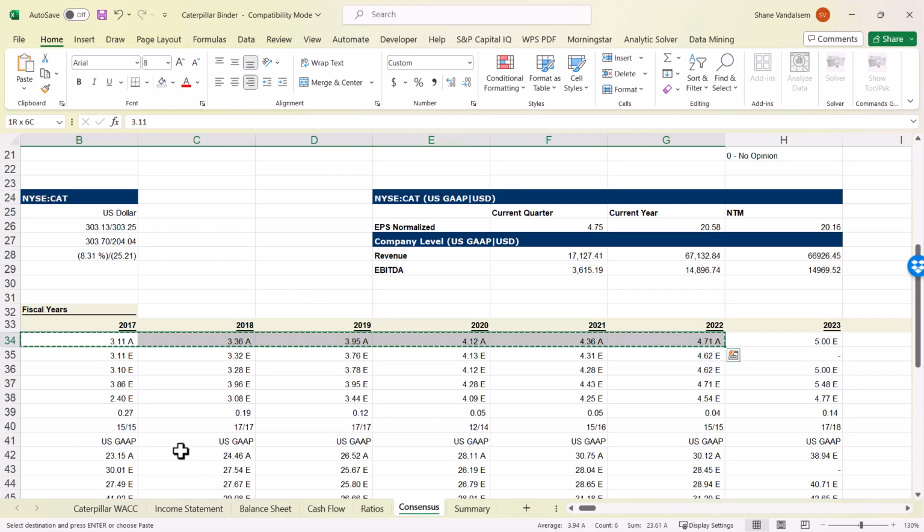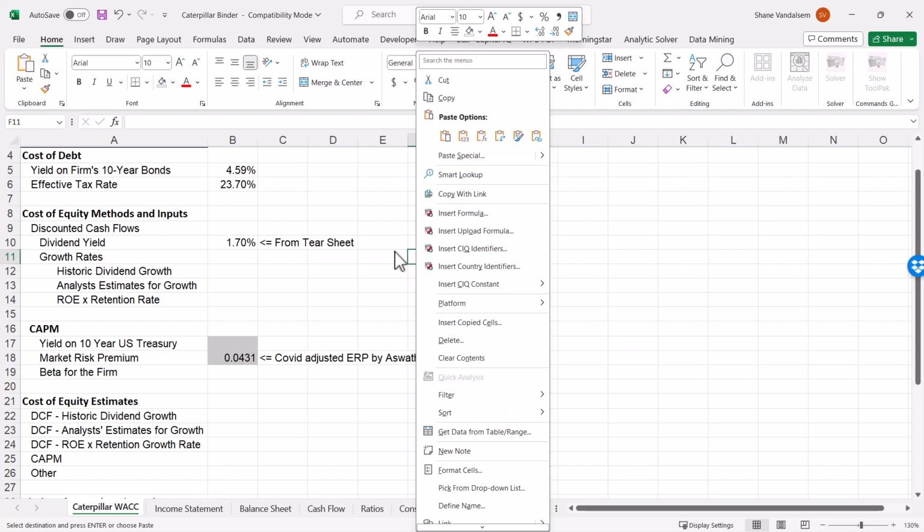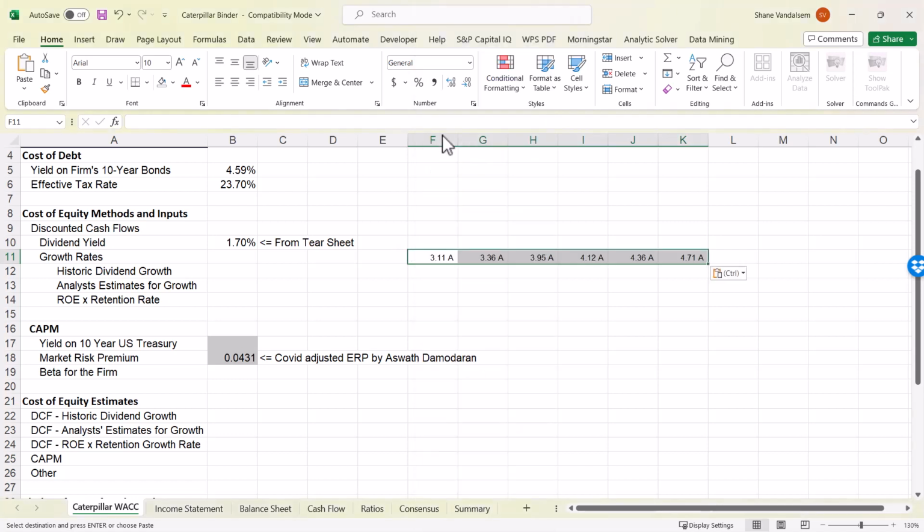So I'm just copying those dividends. I'm going to bring them back up here to my sheet, and I'm just going to paste them over here. So these are the past 6 years of dividends.